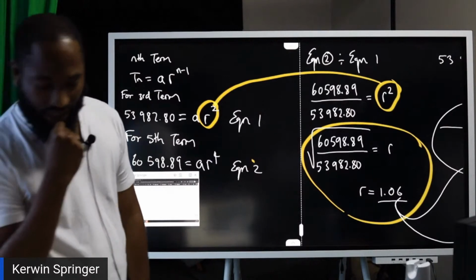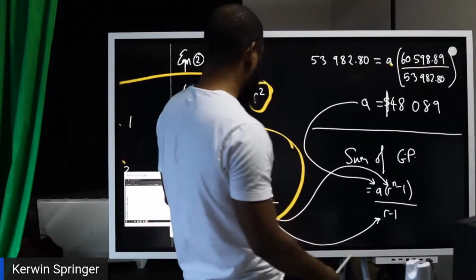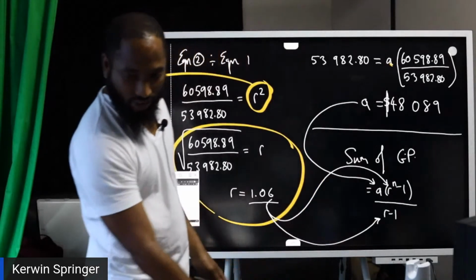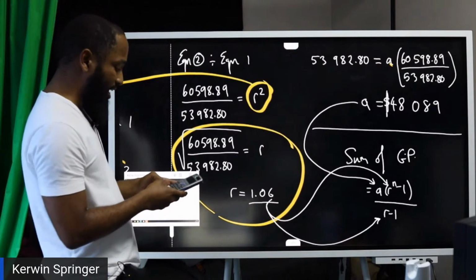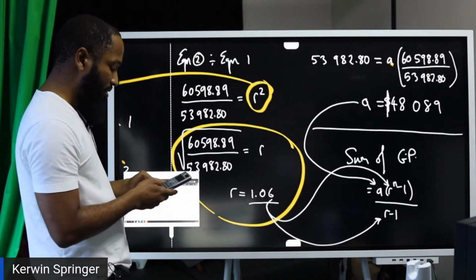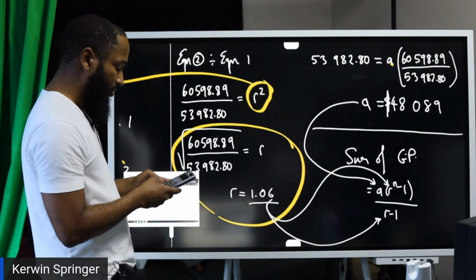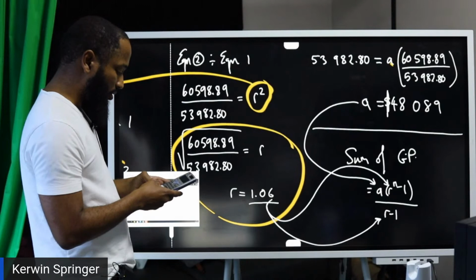271,701.85. That's something a little more feasible. Let somebody else do it. 0.89 times 0.06.